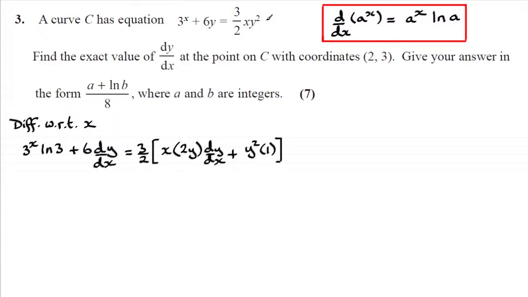I just think of it as parts. We take one part, x, and we multiply it by the differential of the other part. Differentiate y squared with respect to x, it's implicit differentiation. You differentiate y squared with respect to y and you get 2y, and you multiply it by dy by dx. So that's the first part of the product rule.